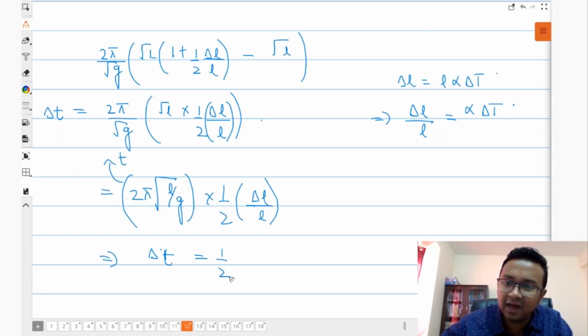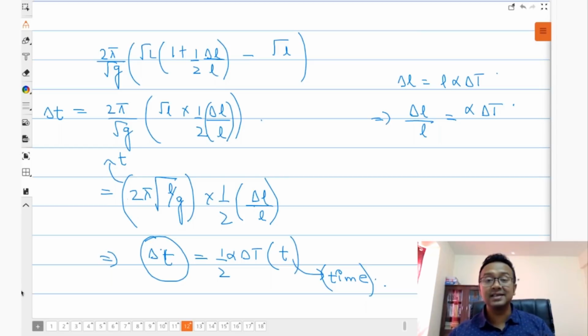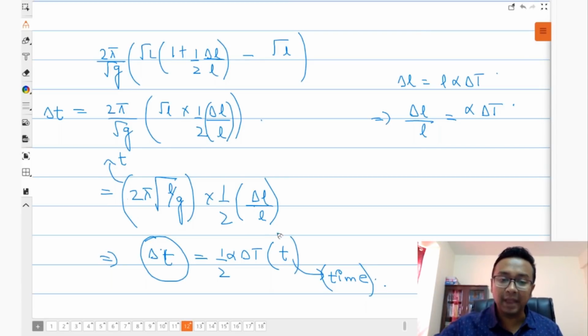And this is half alpha delta T into whatever is the time period. So what is this expression giving us, students? Small delta T is the time lost or gained due to the rise or the fall in temperature.